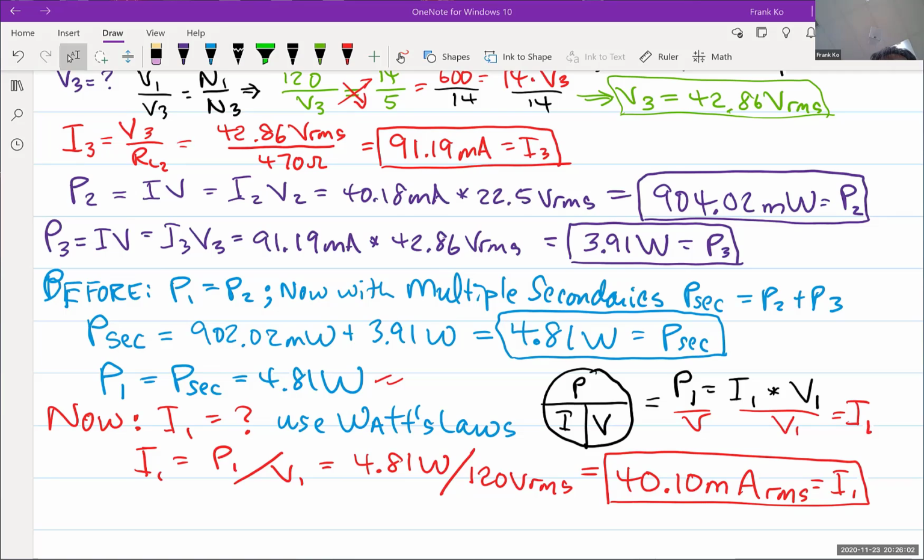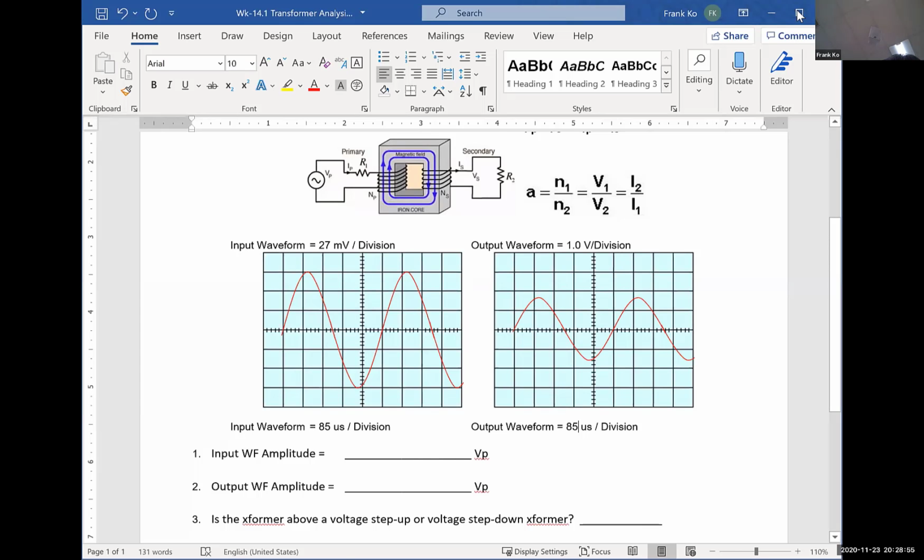It'll be transformer analysis number 3. Let that open up. Okay, here we are, Word document. Make this bigger.